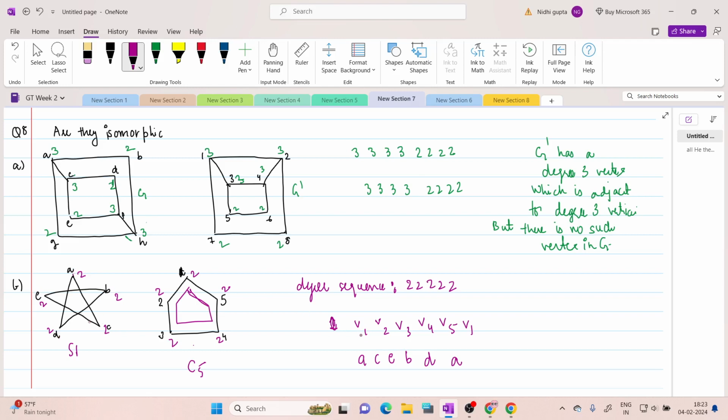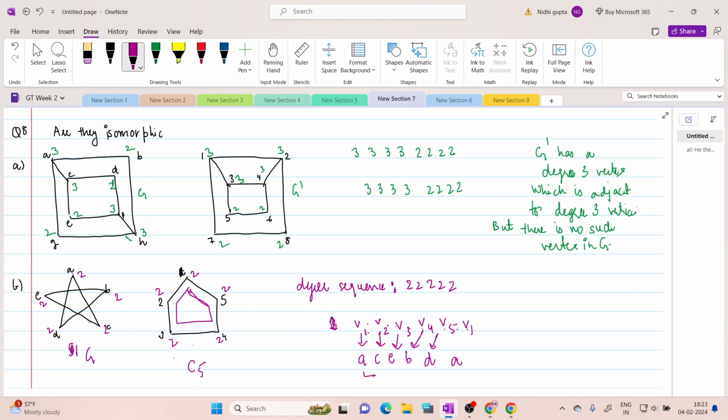So if I send V1 to A, V2 to C, V3 to E, V4 to B and V5 to D, then my G is also isomorphic to C5, right? How can we check? It has only 5 edges: V1V2, V2V3, V3V4, V4V5 and V5V1.